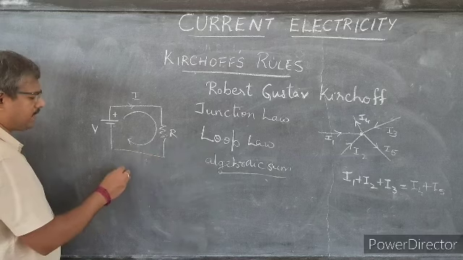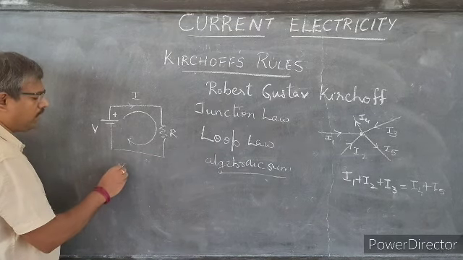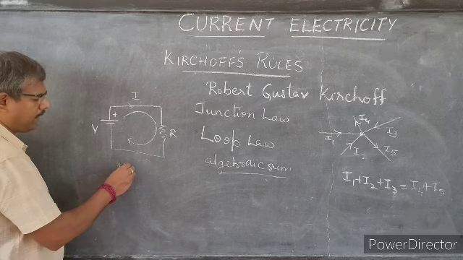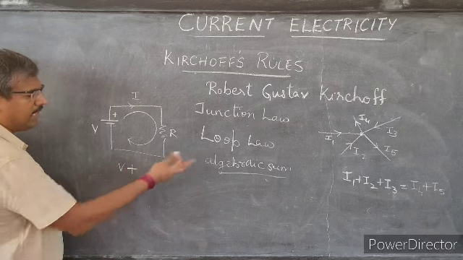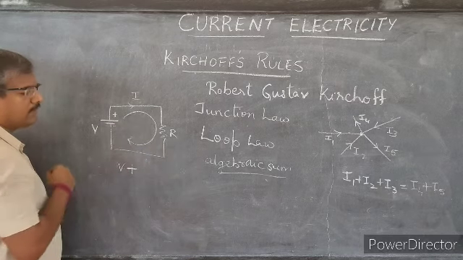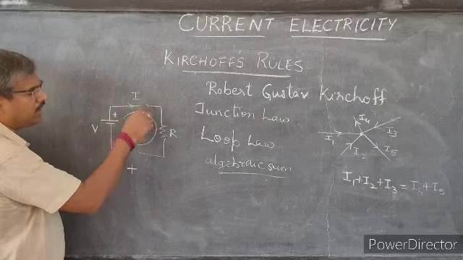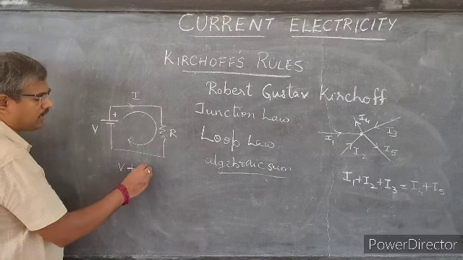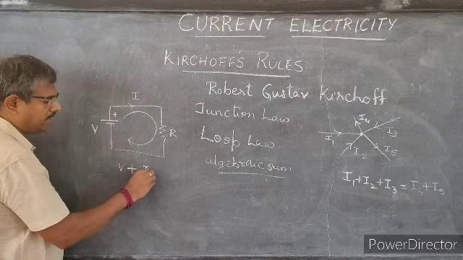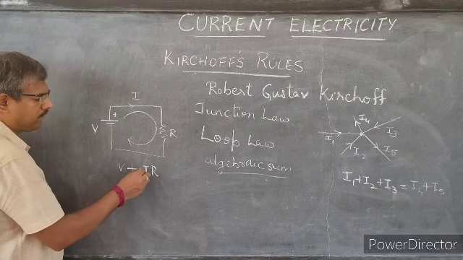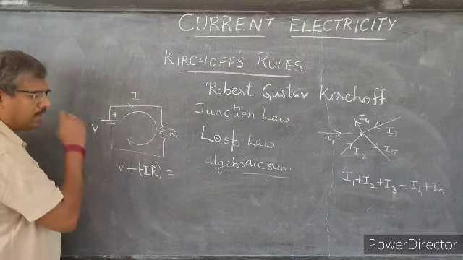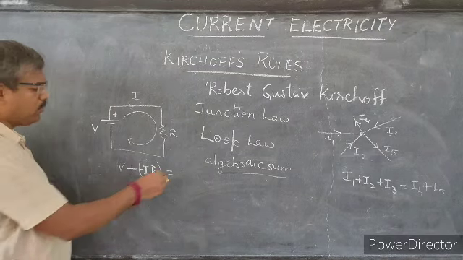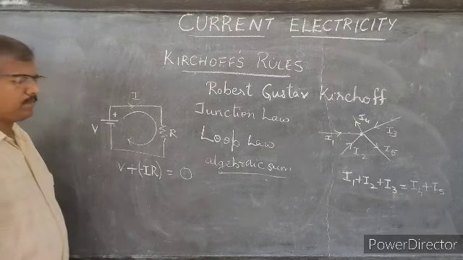What this law states is that the total voltage V plus, which is the algebraic sum of the potential due to the resistor R. What is the potential due to resistor R? It is I into R. I into R, I take it with a negative sign, should be equal to 0.